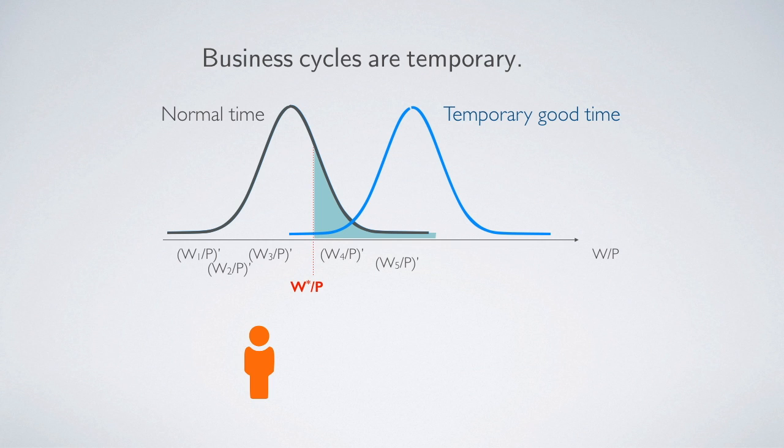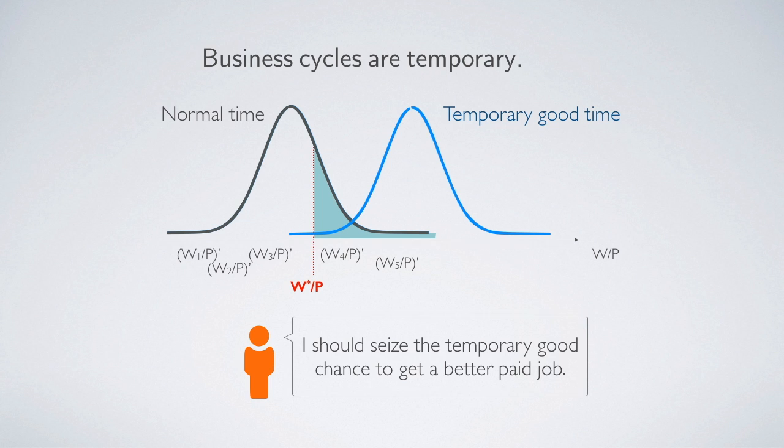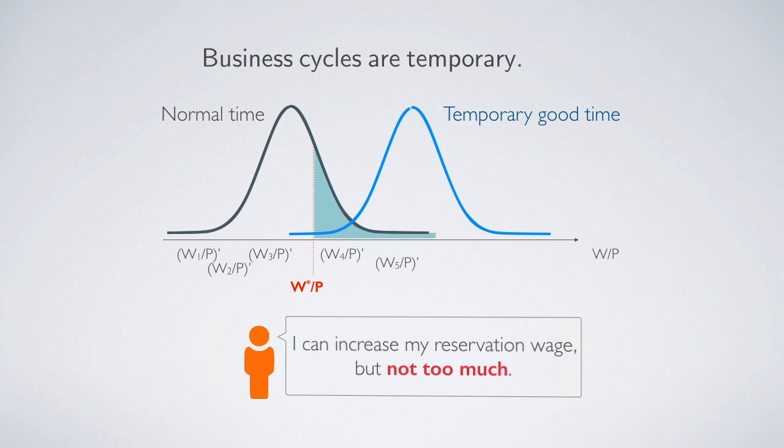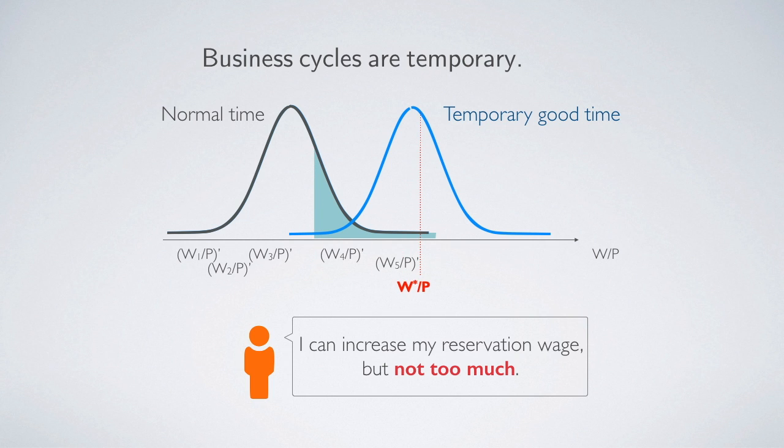Therefore, he would try to seize the chance to get a better paid job during the temporary good time. So he would raise his reservation wage rate, but not too much. He cannot be too picky, otherwise he will miss the chance of getting a good job during this good time. Therefore, the reservation wage rate moves to the right, but not as much as the whole distribution. That's why Q after normally would be larger than Q before.